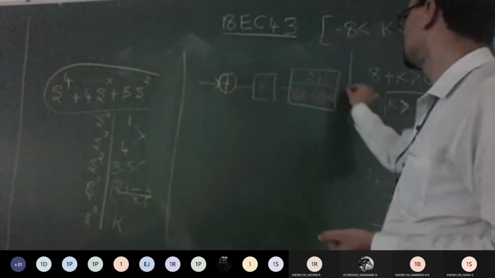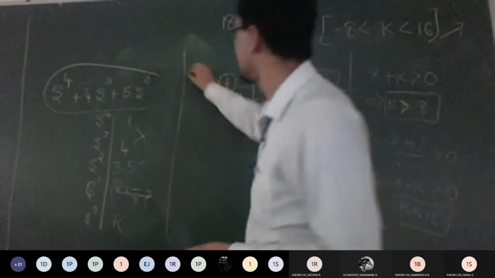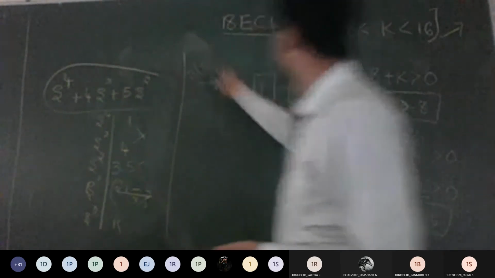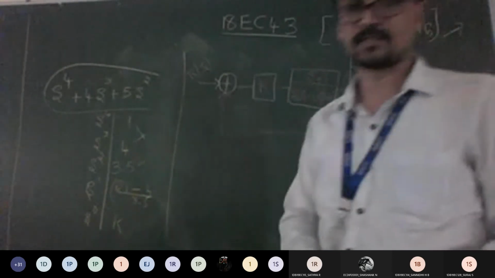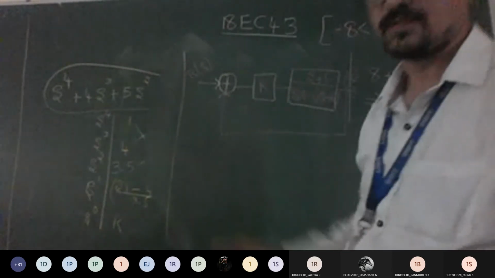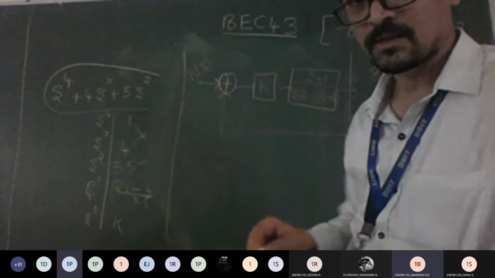The output is here and it is having a unity feedback. This is my R of s and this is my C of s. For this they ask you to get the range. Is the question visible? Sir, can you repeat?